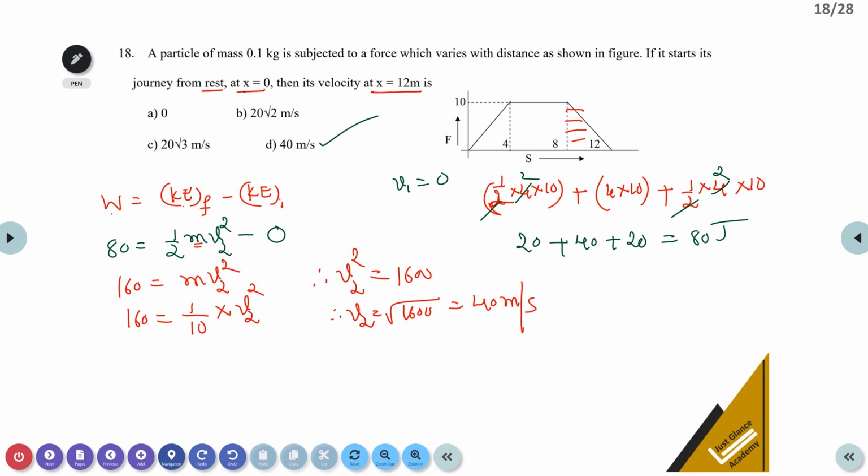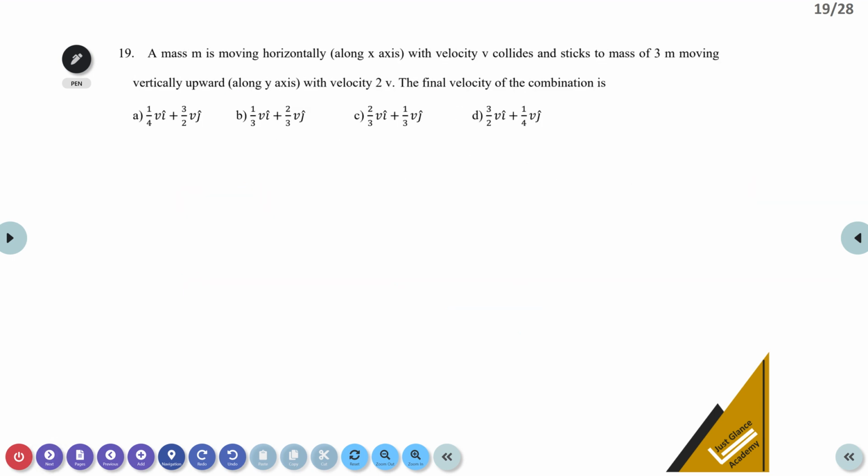This is the choice. Okay, next. In this test paper I have taken a variety of problems on work done and related topics.